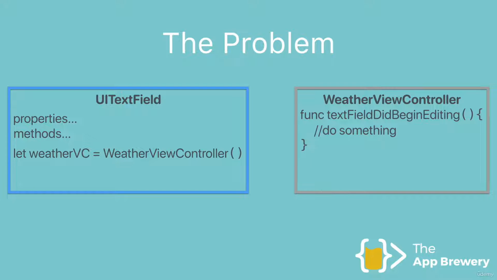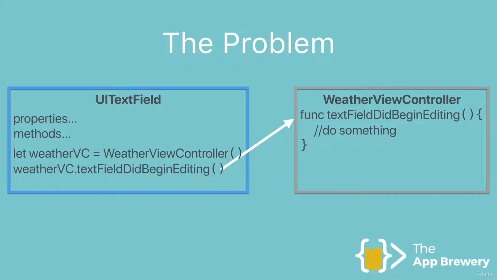Well, then we would need to create in our UI text field, the class definition for our UI text field, a weather view controller object, which is created from the weather view controller class. Then we could say weather VC, call your text field did begin editing method. And that way we notify our weather view controller and that method gets triggered for us to be able to do something in response to this notification.